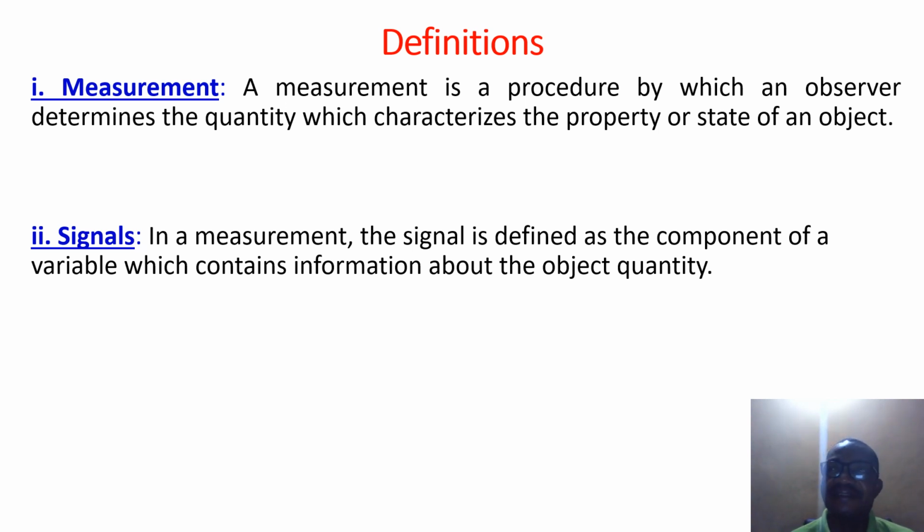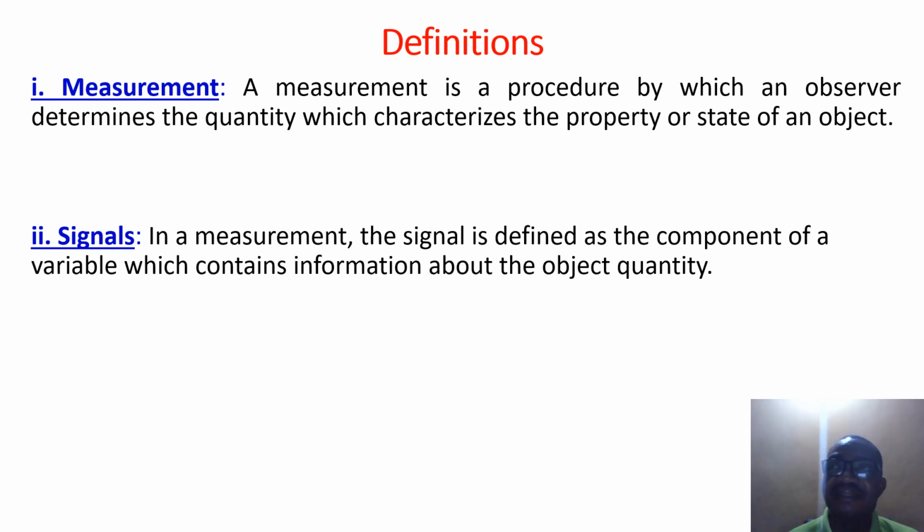For instance, if I have a blood pressure monitor, how do I know the blood pressure of a particular person if I don't measure it? So, measurement involves being able to detect the quantity of a physical property.